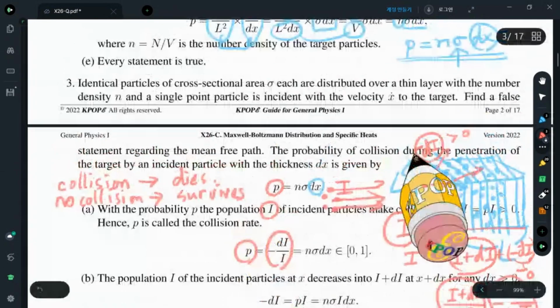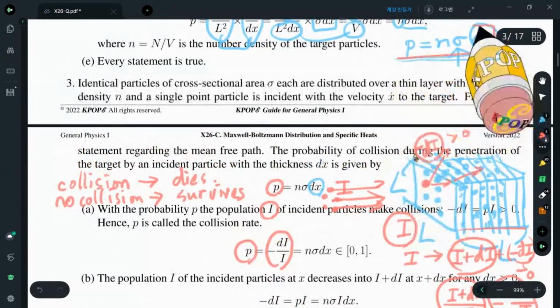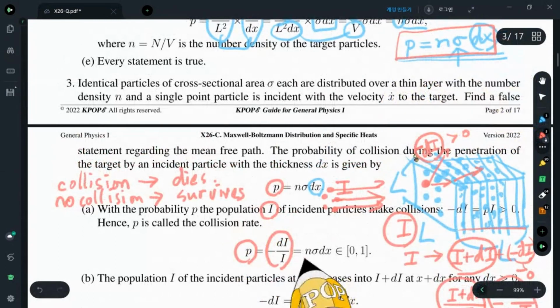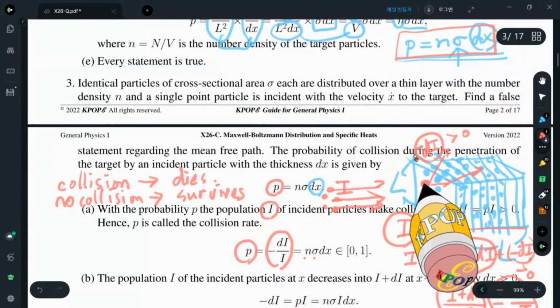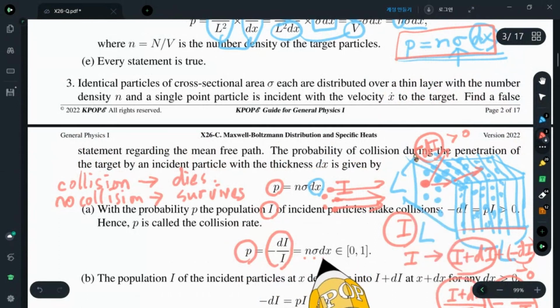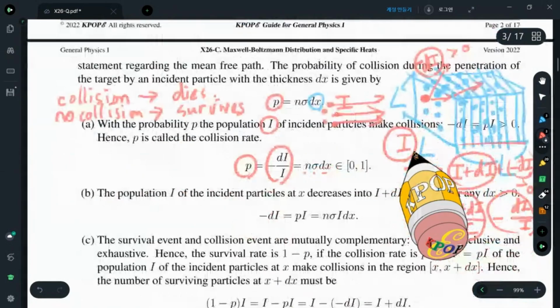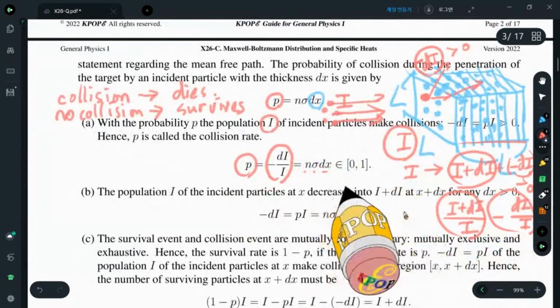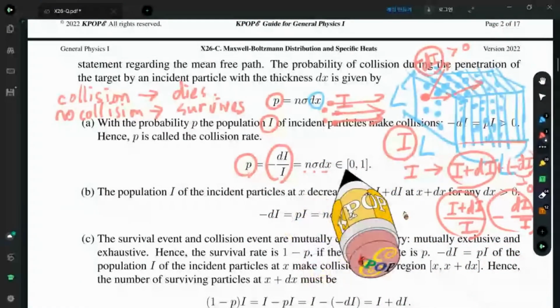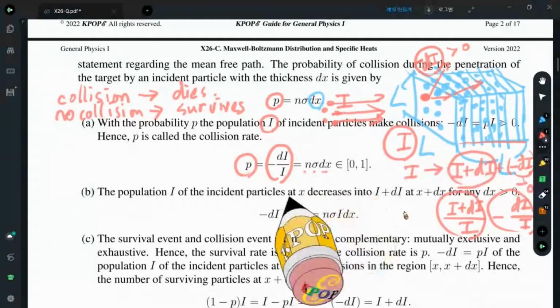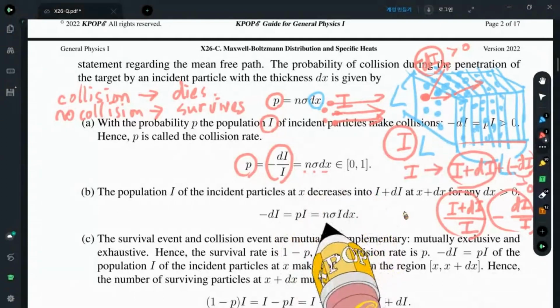And previously we obtained that the probability is the same as the number density, the cross-sectional area of a single target, and the infinitesimal thickness. Using this, we can find a differential equation.